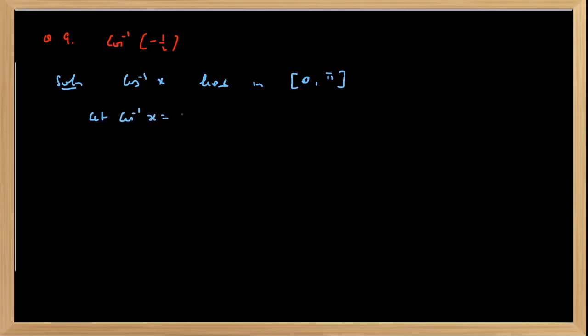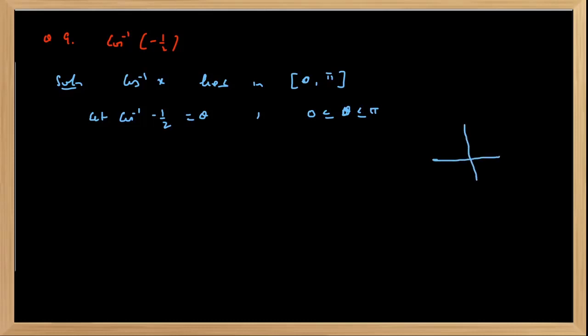Question number 9. Cos inverse minus half. Cos inverse x lies in 0 to pi. Let cos inverse minus half be theta. Theta will be between 0 to pi, including 0 and pi.